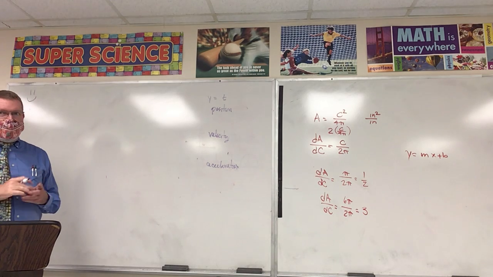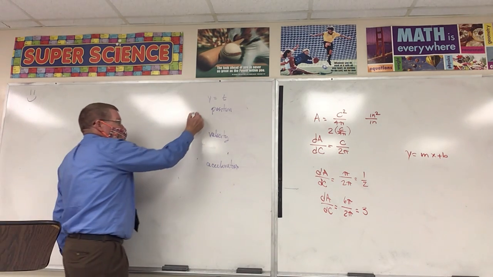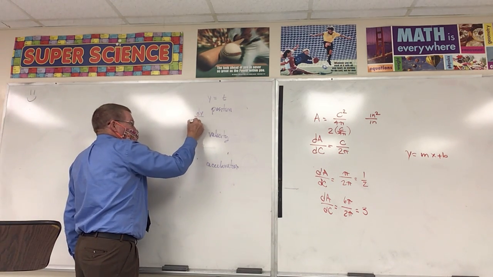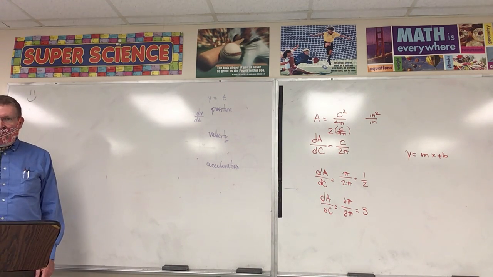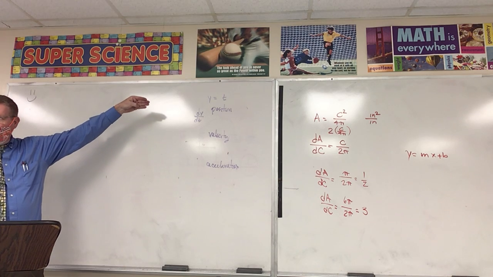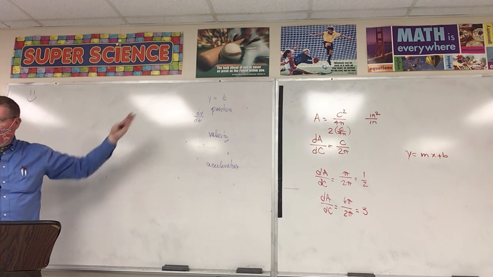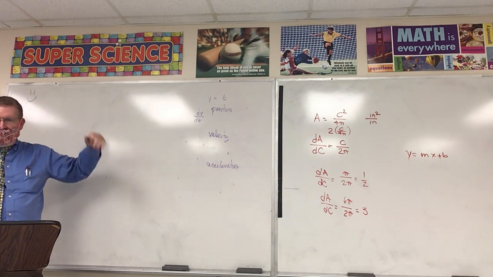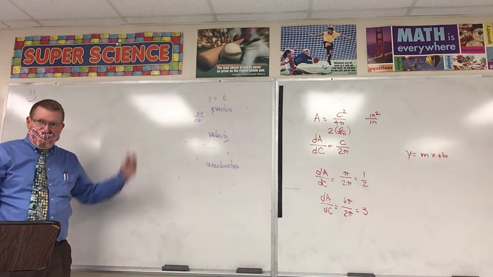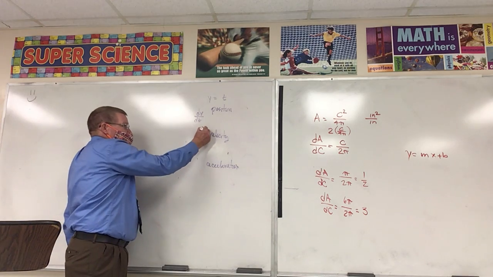If I take the derivative, I get dy over dt. Well, dy over dt now is what? Position over time, which is distance over time. Distance over time is velocity.